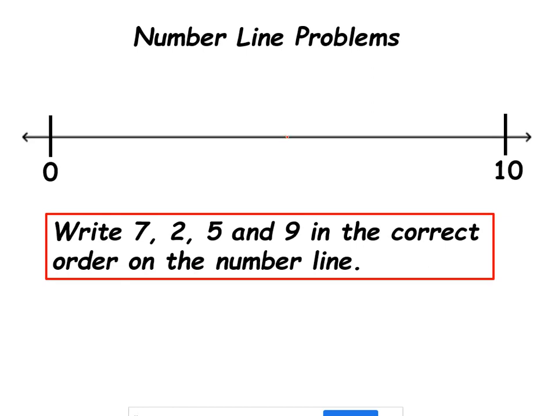We may not get it accurately, but we know 5 is here. And close to 5 should be 7. And backwards, close to 0, there should be 2. And 9. 9 should be very close to 10.